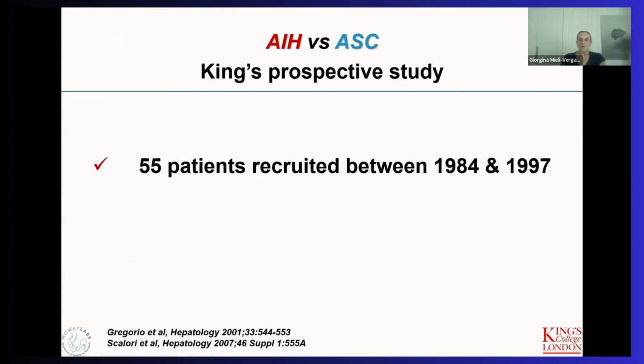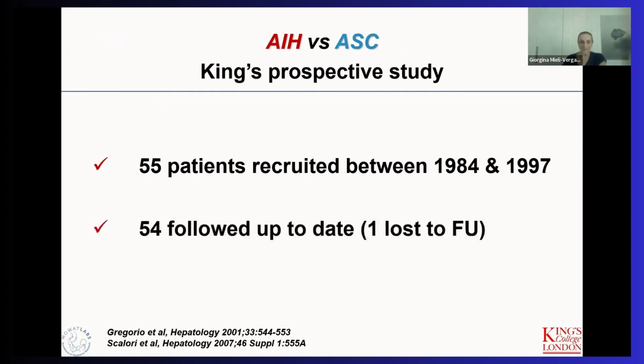What is the prognosis of autoimmune hepatitis and what is the prognosis of autoimmune sclerosing cholangitis? We started in 1984 a prospective study to compare these two conditions. 55 patients were recruited between 1984 and 1997, and 54 are followed up to date.